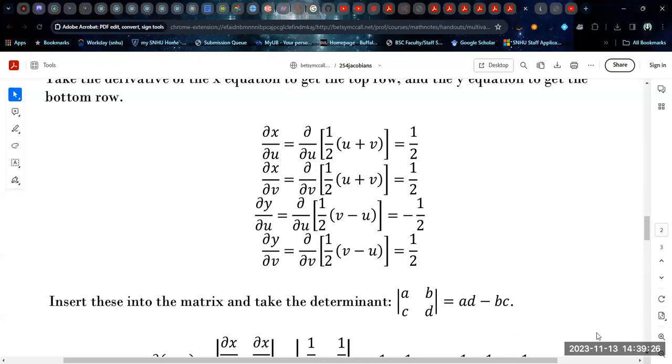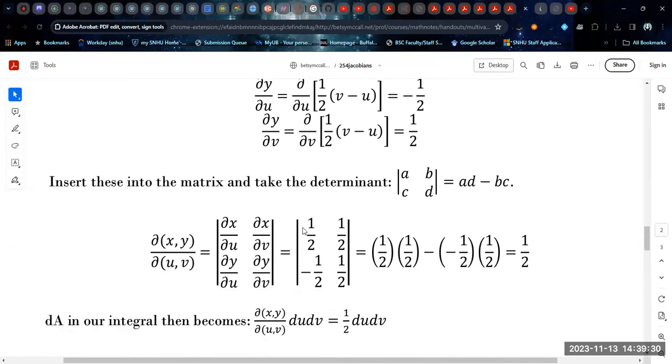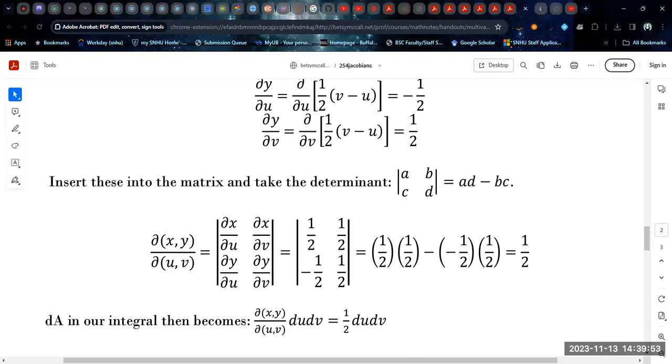And so the determinant of this matrix, if we plug in our 1/2 and our negative 1/2, we get 1/2 times 1/2 minus negative 1/2 times 1/2. So negative negative becomes a positive. So 1/4 plus 1/4 is 1/2. And that means our dA is 1/2 times du dv.